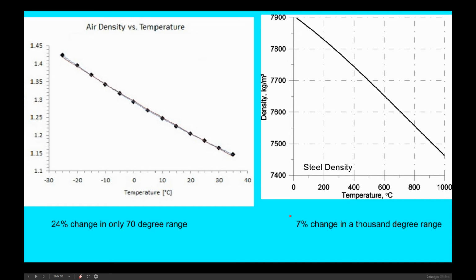So these two aren't even on the same scale. What about horizontally? That's a 70-degree change in temperature. This one's changing 1,000 degrees. So these graphs cannot be read next to each other at all. They are totally, completely non-comparable in terms of their temperature ranges.